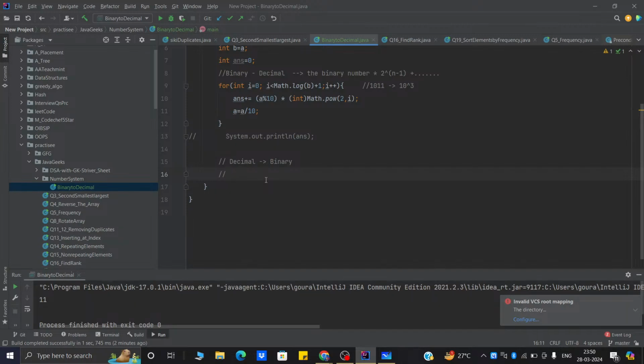So we will take the remainder as a string. Divide a number by 2, then calculate backwards.